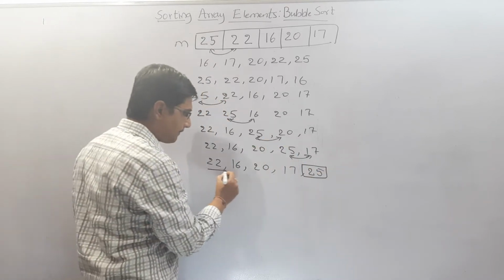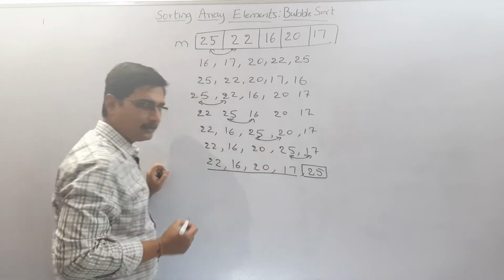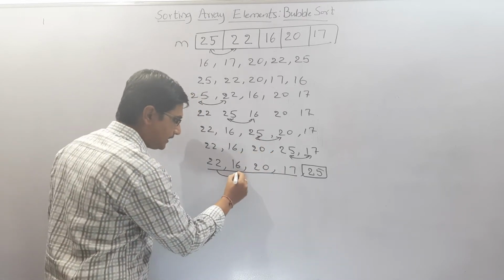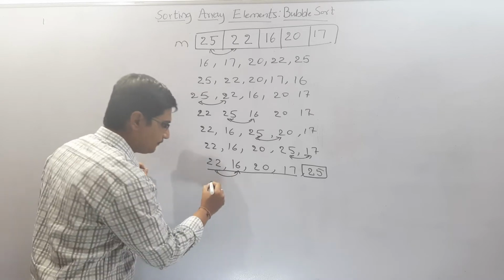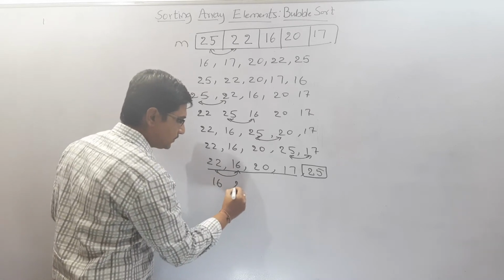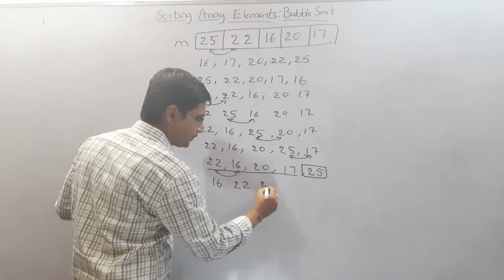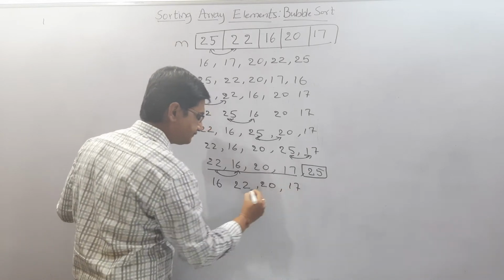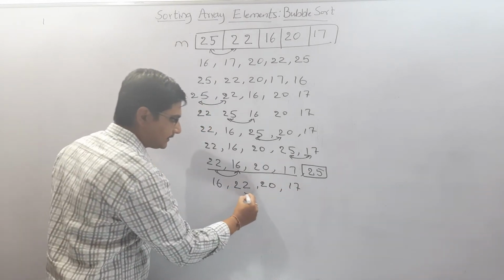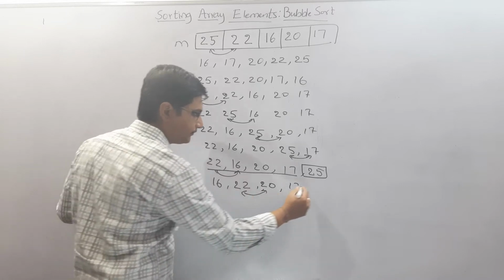Again we need to apply the same method to this part of the array. So again I compare these two. It is 16, 22, 20, 17. Then I compare these two.